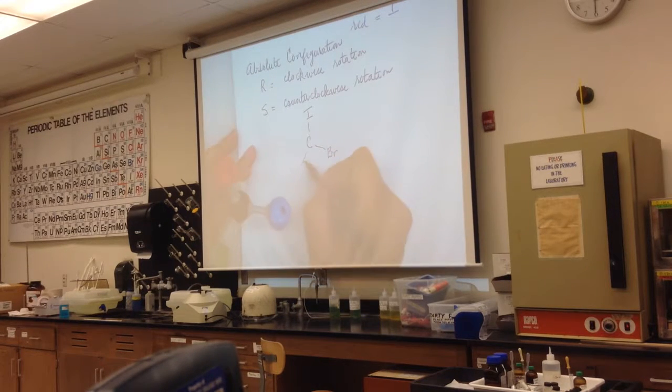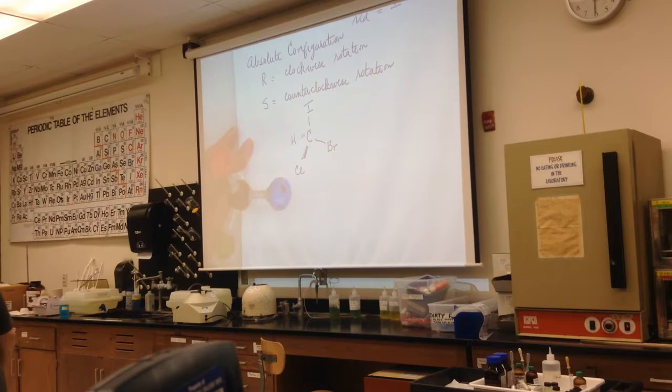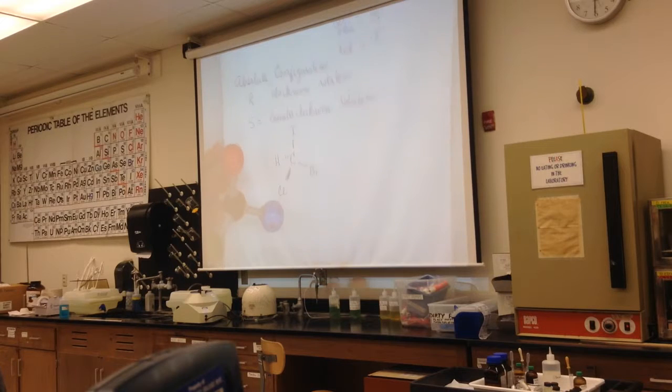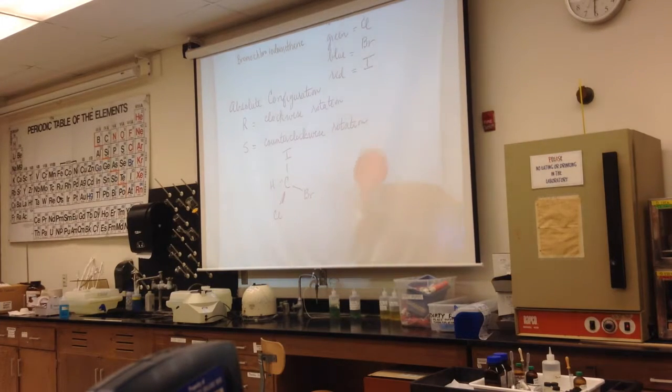To the front, I have a green one, which is chlorine. And to the back, I have a hydrogen. Does everybody see what I do? The top, which is red, is iodine. The blue, which is to the front. Okay, so we have it like that.